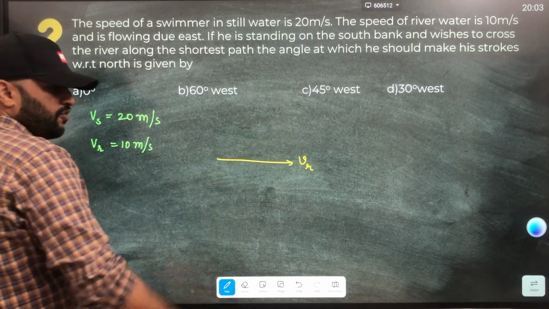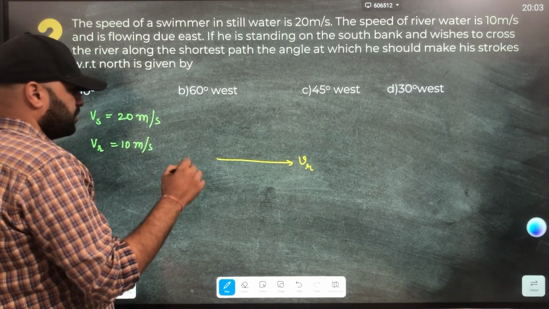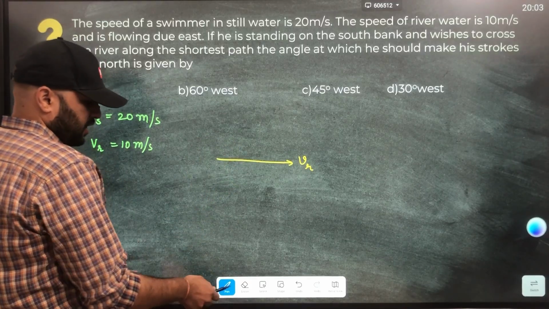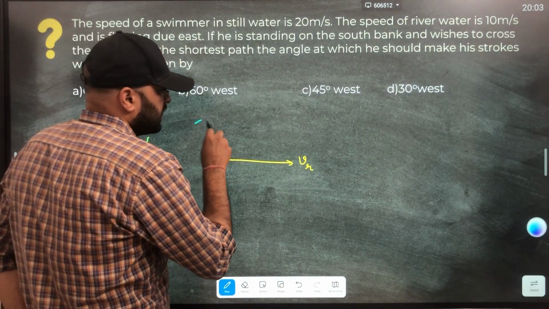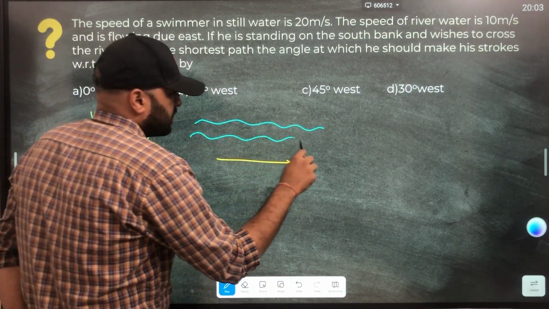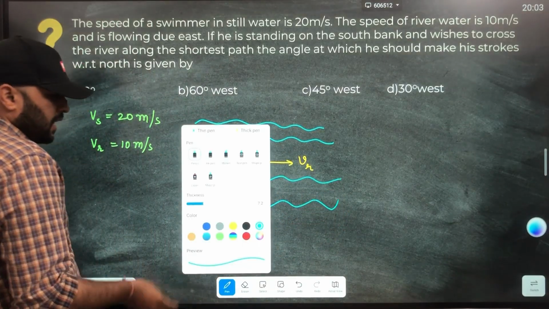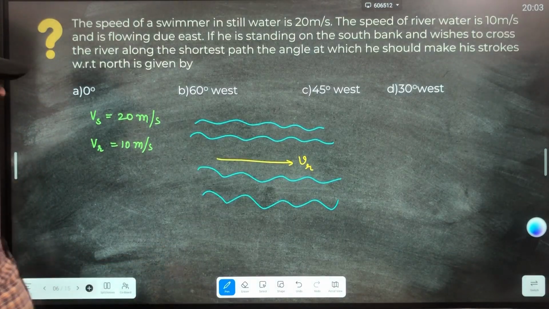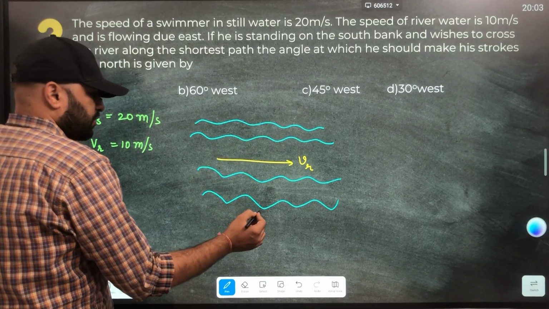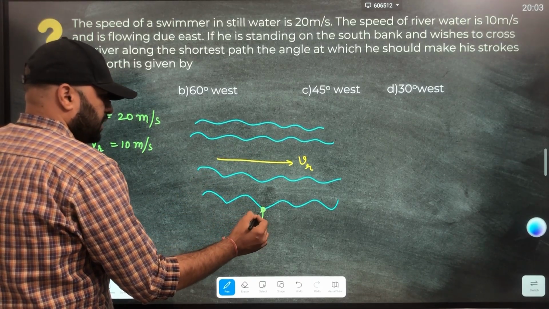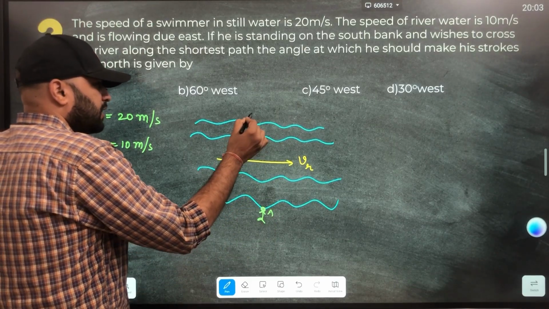So this is the velocity of the river, and let me draw the river here. Let's say this is our river in this direction. Now if this is the river and the person wants to travel, this is the velocity of the river, and let's say he is standing over here and he wants to reach from point A to point B, correct?